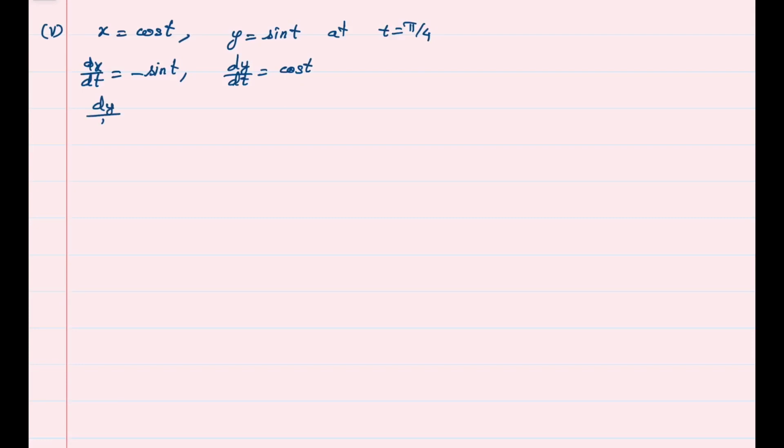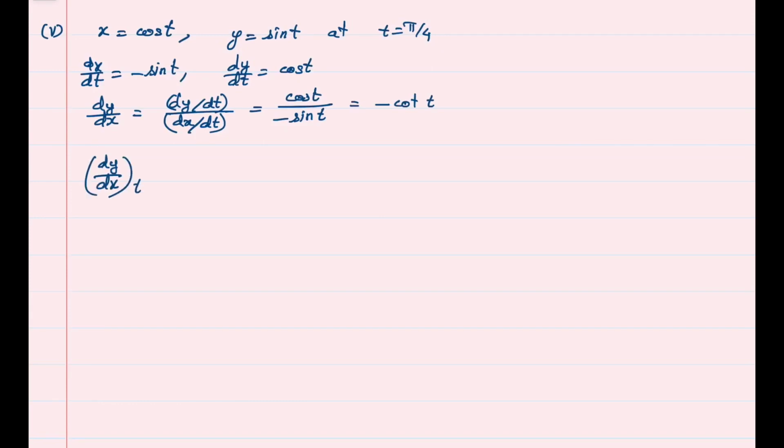We will find dy by dx, which is dy by dt upon dx by dt. dy by dt should be in the numerator, which is cos t, and denominator is minus sin t, which is minus cot t. t value is given, so dy by dx at t equal to pi by 4, which is minus cot pi by 4. The answer is minus 1, which is slope of the tangent.